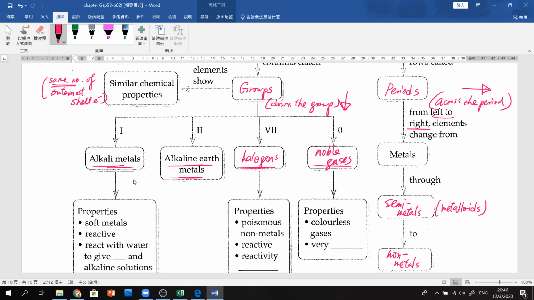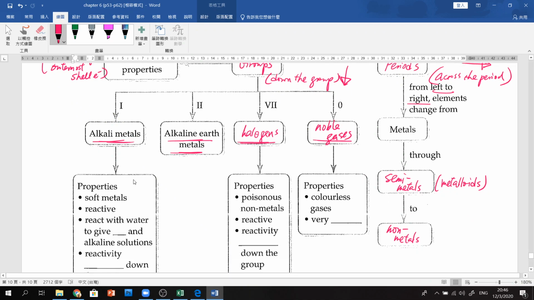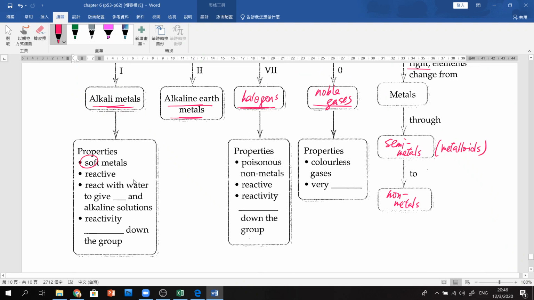Okay, so for group 1, alkali metals, they are soft metals, they are reactive. They react with water to give what? Hydrogen gas, H2, and an alkaline solution, so we call them alkali metals. The reactivity, similarly with group 2, increases down the group. When you compare halogens, they are poisonous non-metals, they are reactive. The reactivity decreases down the group.